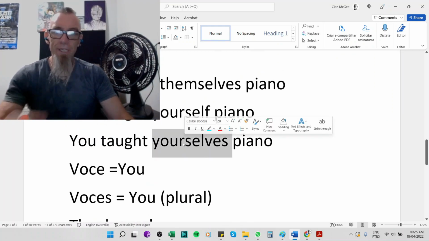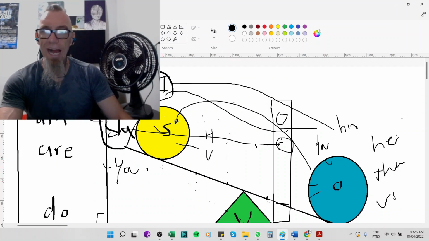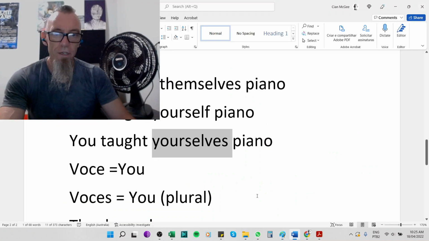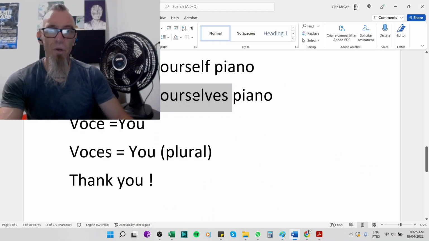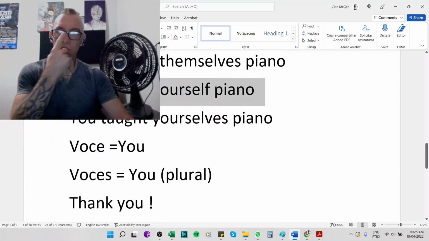But in our reflexive, because it's a mirror, let's pretend it's a teacher talking to a class of 20 students. Well, it's the first time we see in the mirror that you actually refers to a large group of people. So "you taught yourself piano" is me talking to one student.